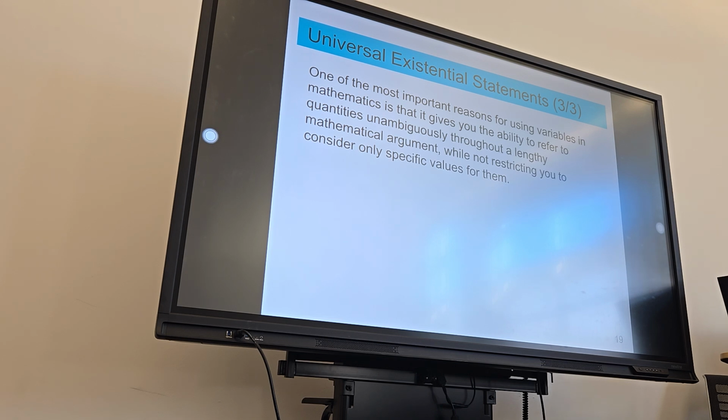The equation was like a page and a half long, one equation. Without the use of variables, it would have been horrendous and unmanageable. For an argument such as that, the use of variables is essential. Something that big and complex, you need the variables.